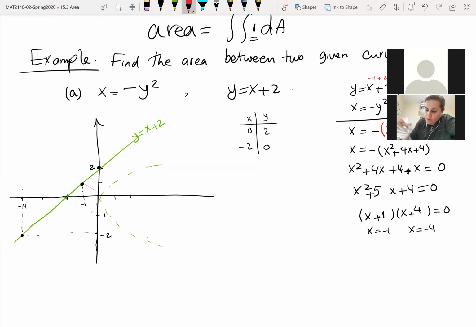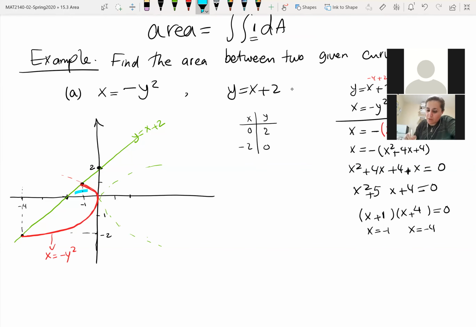I want to make that parabola somehow pass this point. Finally, this is x equals negative y squared.